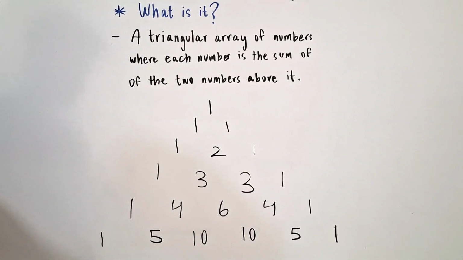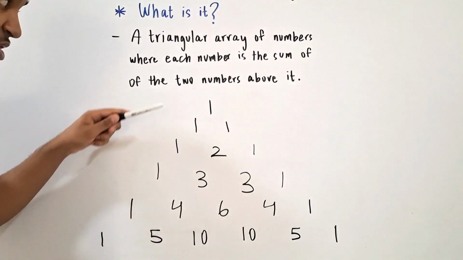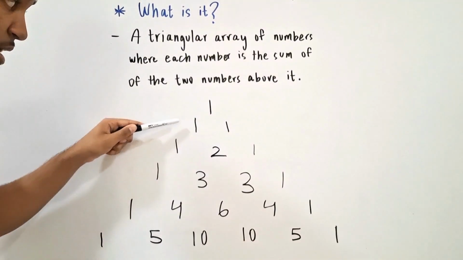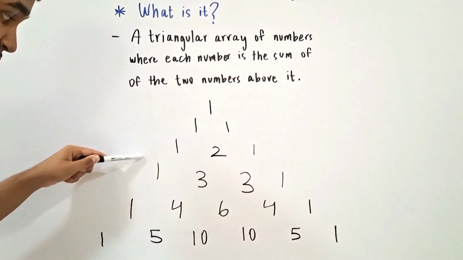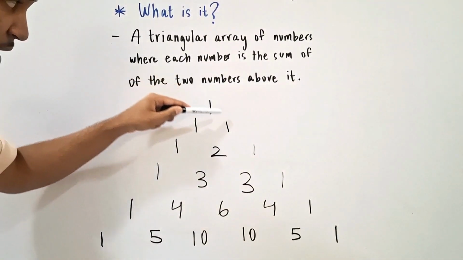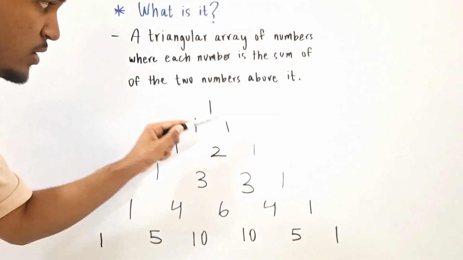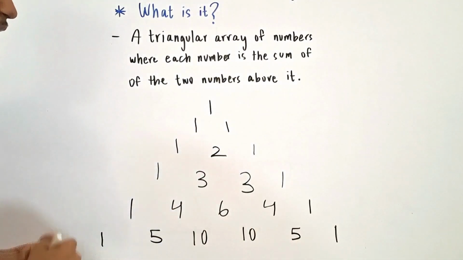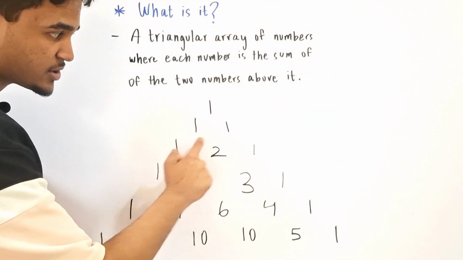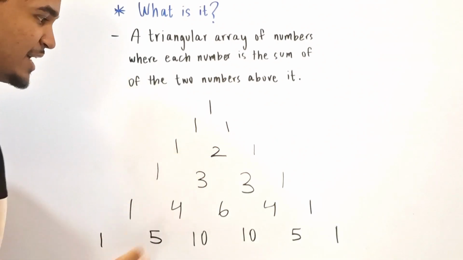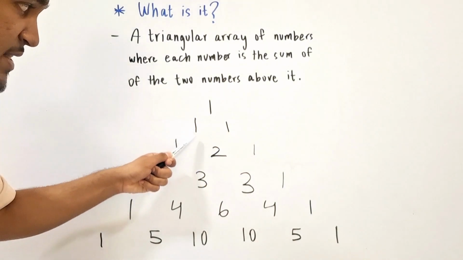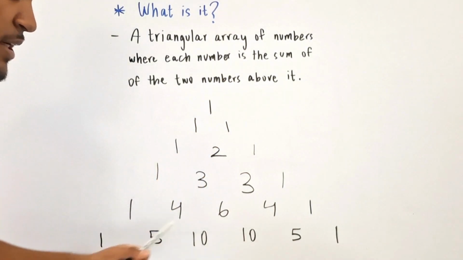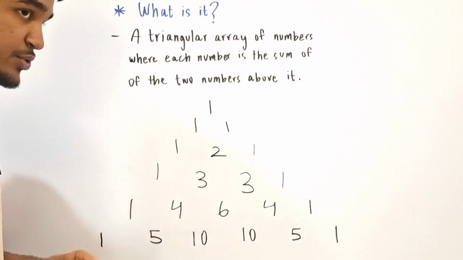Now, as you can see here, you can notice the pattern in the Pascal's triangle. It always starts with 1, and the diagonal line here is all ones. 1, 1, 1, 1, 1, 1, 1, right? It's because it ends with 1 and starts with 1. And then you can see that the numbers here are all the sum of the two numbers right above it.